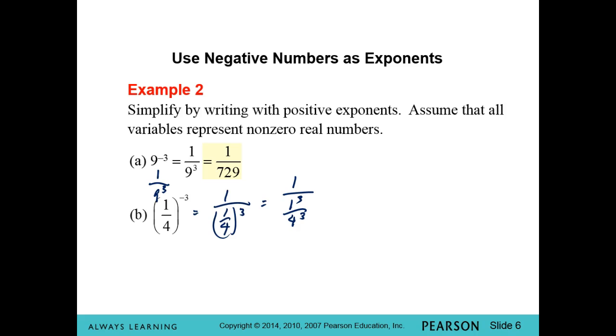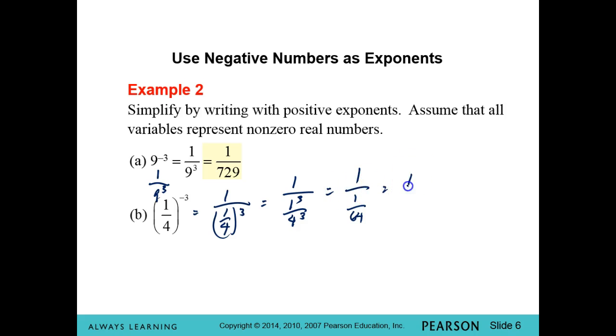And what would that be? I'll do the 1 cubed part. That's 1. What's 4 cubed? Anybody know? 64, you said? Yes. Okay, 64. And what is 1 over 64? Well, this is a division line, isn't it?